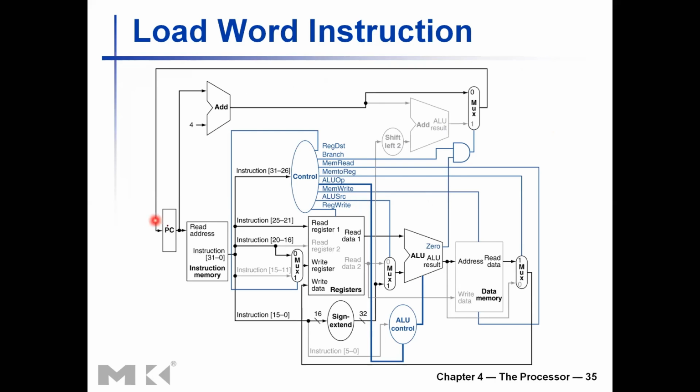So what will happen is the load instruction will be fetched based on the program counter value. The control unit will look at the opcode, see that it is 35, that this is a load instruction. Based on that, it will define the values for these control signals.